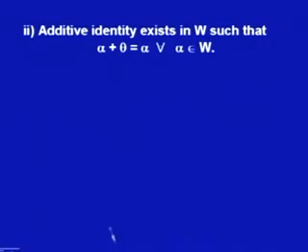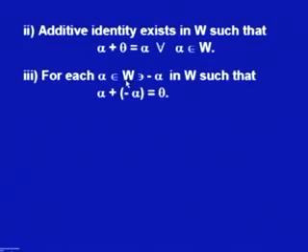Second, the additive identity exists in W such that alpha plus theta is equal to alpha for all alpha in W. The additive identity must also be in W, without that it will not be a vector space. The next thing is that for each alpha belonging to W, there exists minus alpha in W such that alpha plus minus alpha is equal to the null vector theta.